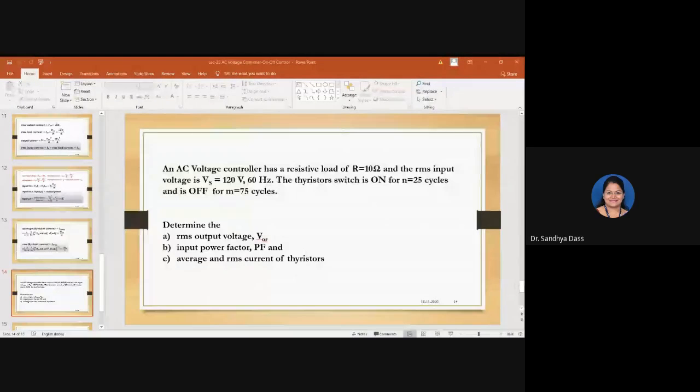Can you try to calculate RMS and average currents? What's the expression? The average current of thyristor is given by K into Im by pi, right? So you need Im there.